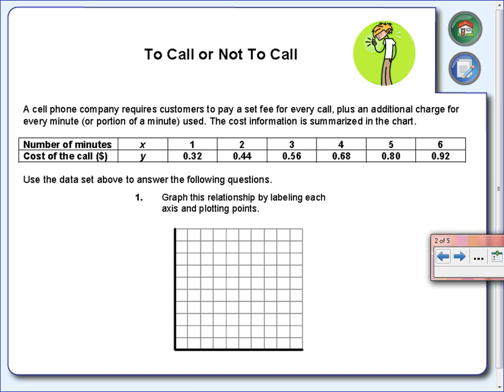Again, when you're doing your scatter plot, tell me what the x and y axis represents. Tell me what you're counting by. And then start plotting the points.